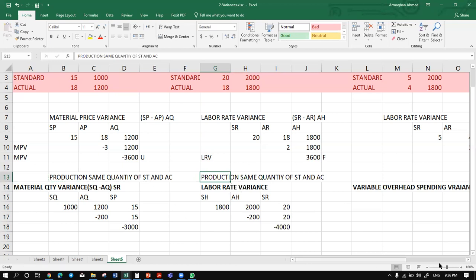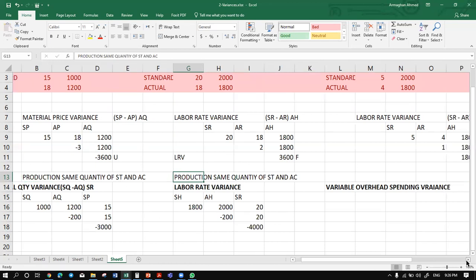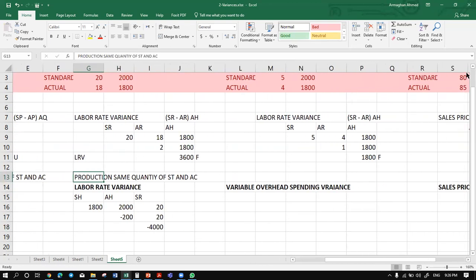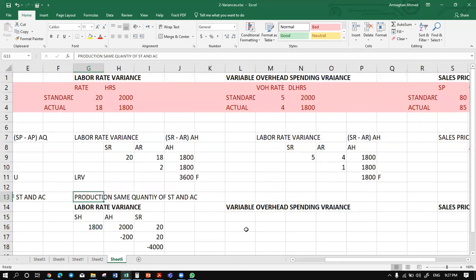Okay. So here, let's come now to variable overhead. How will we do it? Same: standard hours minus actual hours, multiplied by the standard variable overhead rate. How many standard hours do we have? 2000.